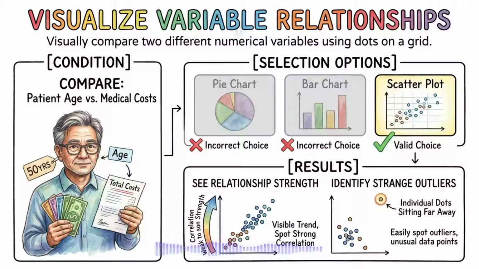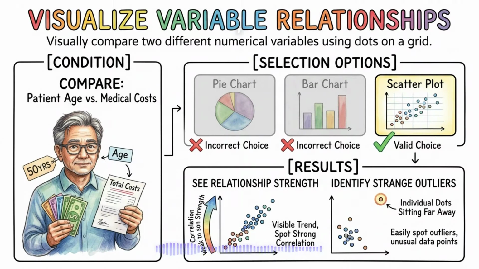To visually demonstrate the relationship between two completely different numerical variables, you must use a scatter plot. A scatter plot places individual dots on a grid, which is the perfect visual companion to the correlation and regression analysis we discussed in the previous section.